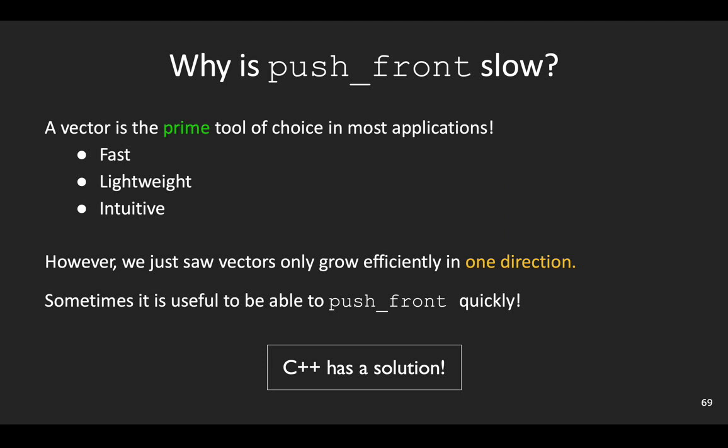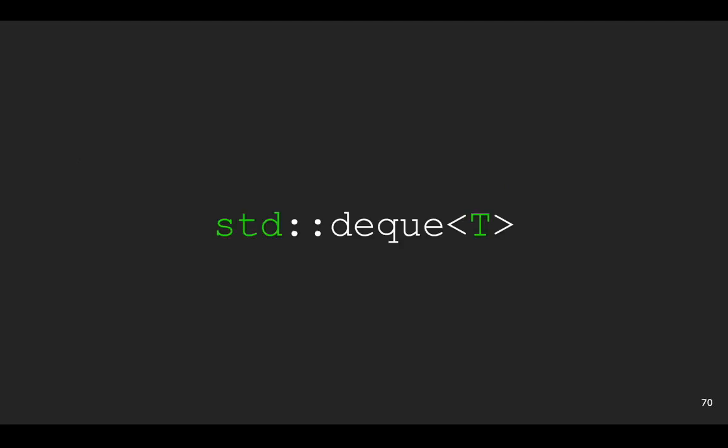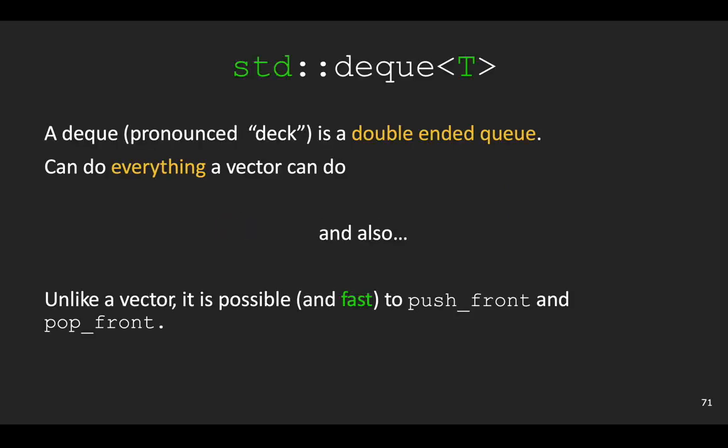However, sometimes we do want this additional ability to push front. And so C++ has invented this structure called a deque. A deque, pronounced deck, is a double-ended queue. Essentially, it's just a vector with this added ability to push to the front in an efficient way. It can push to the front of a vector in constant time, if that term makes sense to you.